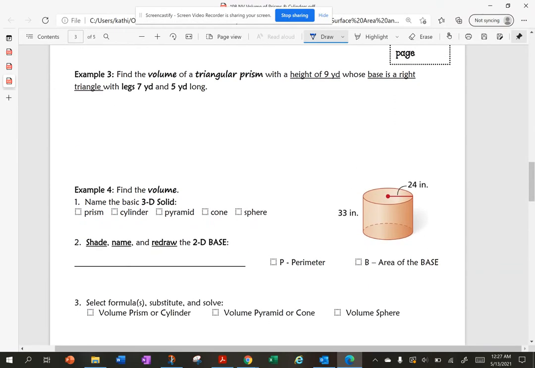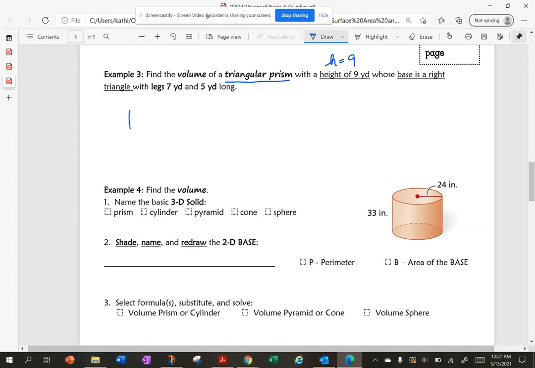Okay, let's do one that doesn't have a diagram. Find the volume of a triangular prism with a height of 9, and a base that is a right triangle with legs 7 yards and 5 yards.